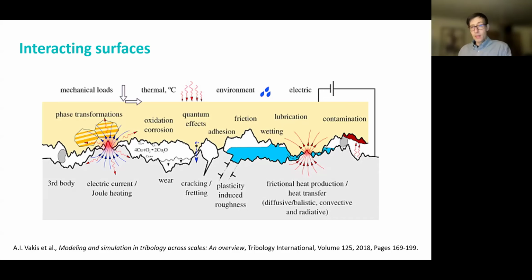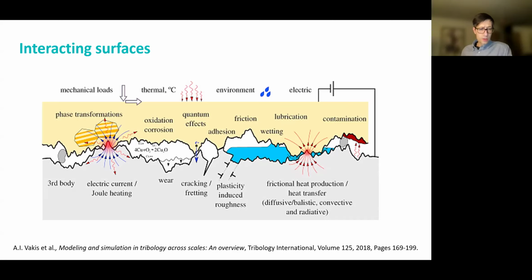And then because of that energy, because of that displacement that we apply between those surfaces, there's a lot of interaction happening between them. There's chemical interaction, so you have some oxidation and corrosion. There's mechanical interaction, so you have deformation of those peaks and asperities. Because of that, you have phase transformations within the materials.